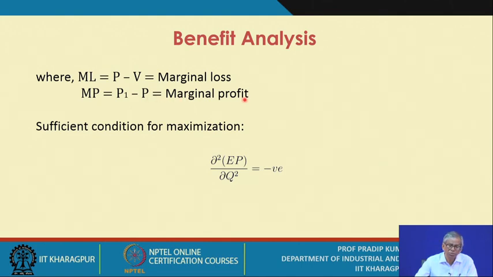That is called marginal profit. Is it okay? Sufficient condition for maximization. Obviously, I presume that you know it. That means the sufficient condition is the second partial derivative with respect to Q of EP must be negative. Is it okay?